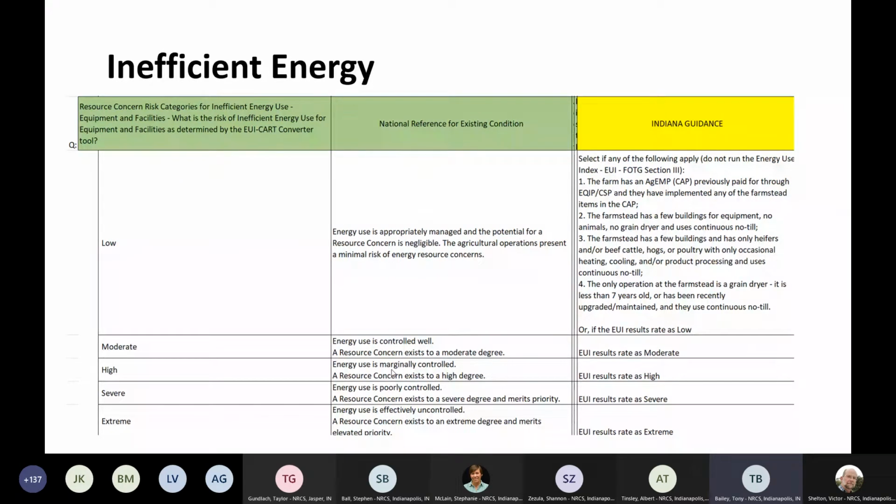We talked about it earlier, collecting information on the type of fuels and products that are used, and then that's going to be used to help us determine that energy use index, and then broken down by the low, moderate, high, severe, and extreme, as to how much of a concern that's going to be.